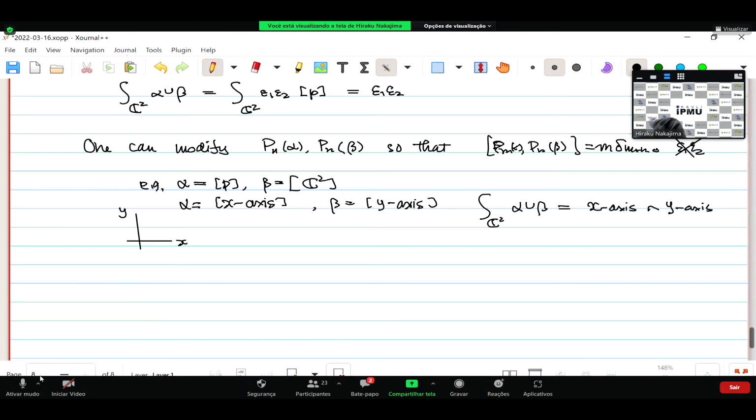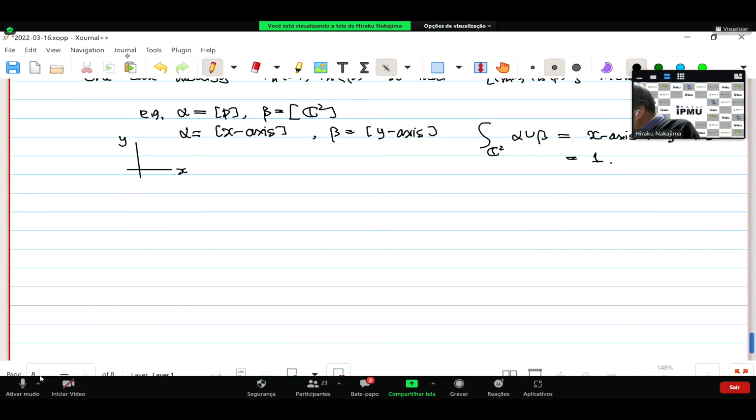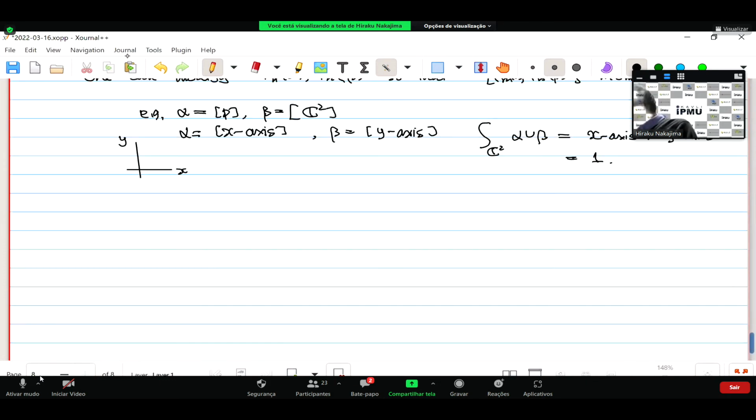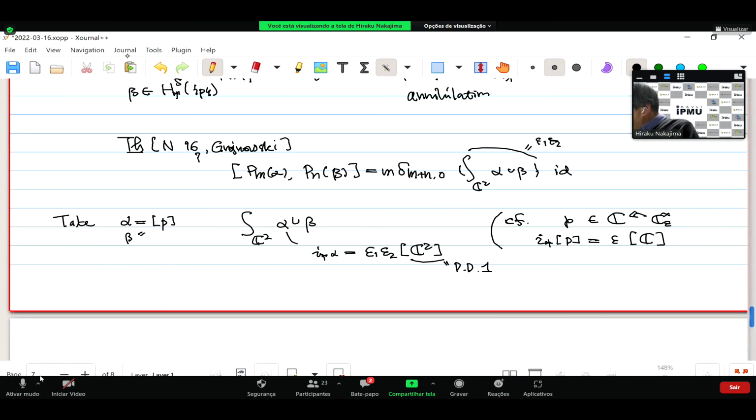In general, you must take the intersection carefully, since you may have several intersections and you may have multiplicity. But in this case, this is transversal. So after suitable normalization, you get the usual Heisenberg algebra.